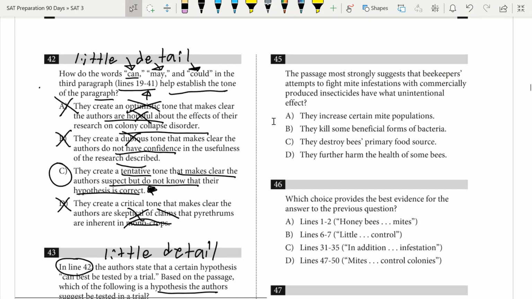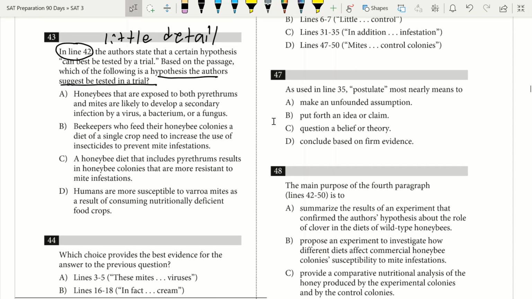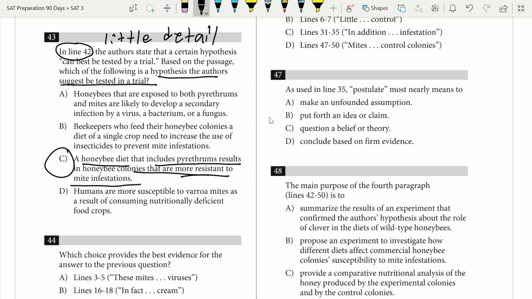Well, the big point of the eating pyrethrum versus not eating pyrethrum is the resistance to those mite infections, right? We talk about pyrethrum helping increase resistance to those mite infections or fighting off mite infections. So we're talking about whether a honeybee diet that includes that pyrethrum will result in honeybee colonies that are more resistant to those mite infections, right? So we're comparing those with the pyrethrum versus the controls that take that clover, which does not have it.